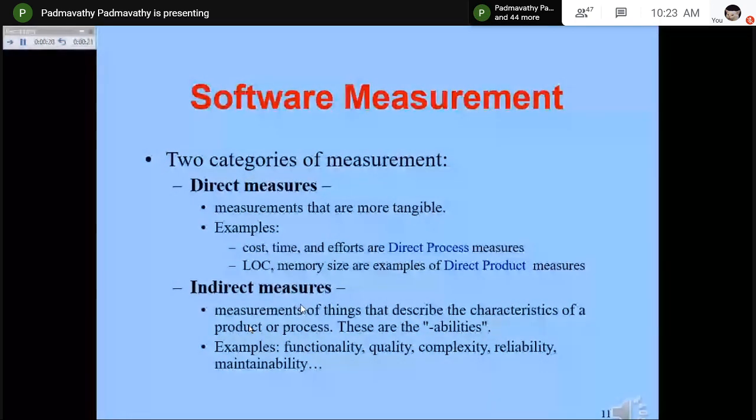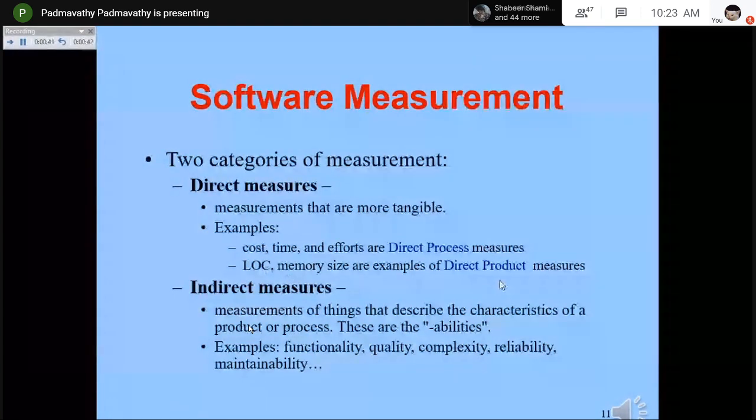Direct measures are measurements that are more tangible. Examples: cost, time, effort, memory size occupied, number of lines of code.